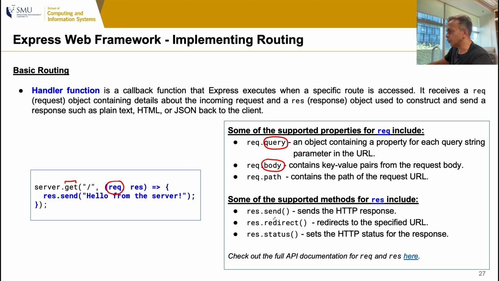In response, you can send a response back to the client, you can redirect, and you can set the status of the HTTP response. So 200 is succeeded, 300 is a redirect, and 404, you know what 404 is. It's a failure. 500 plus would be server-side failures. So you can set it if you want to.